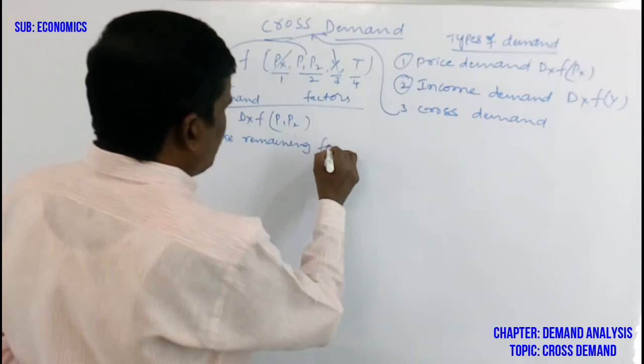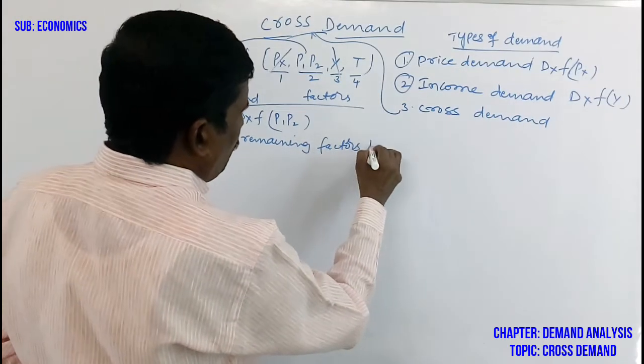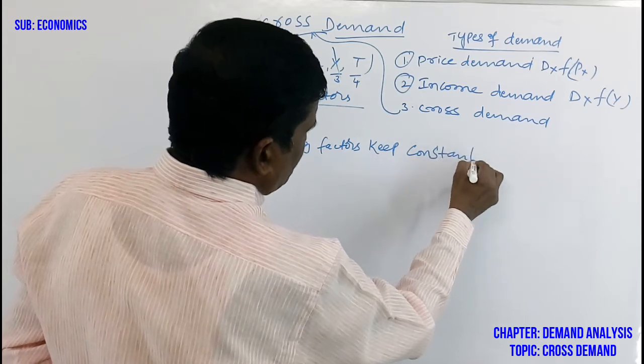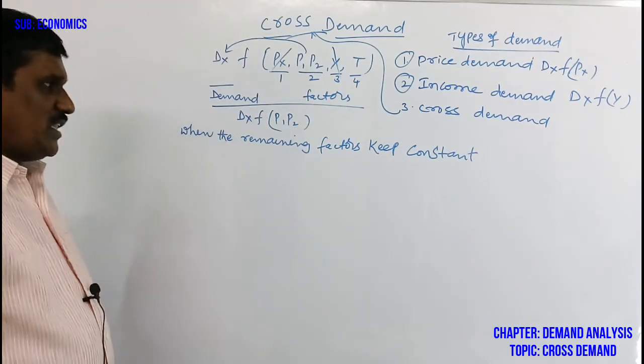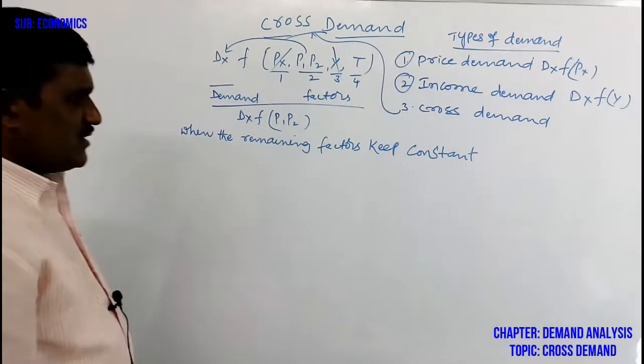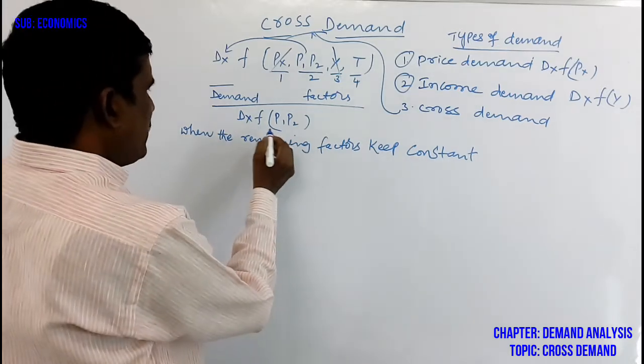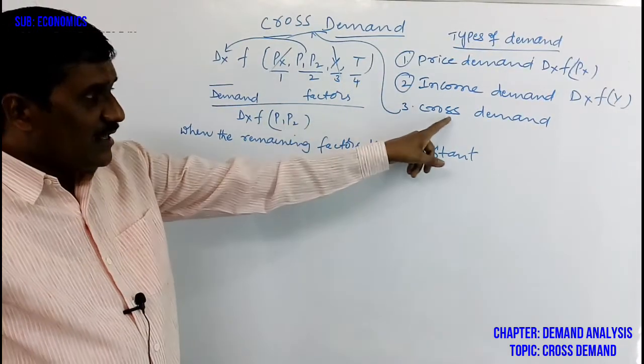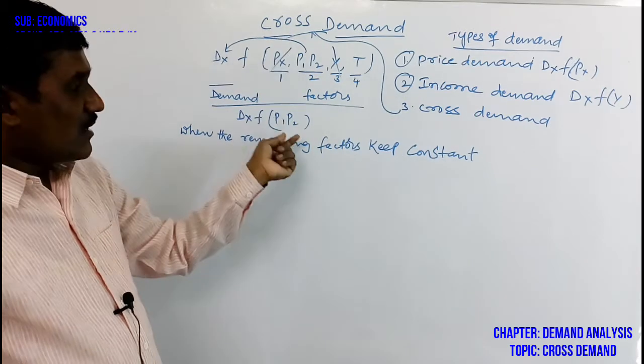When the remaining factors are kept constant, we are discussing Dx and P1, P2. P1, P2 is called cross demand. We are discussing the cross demand.